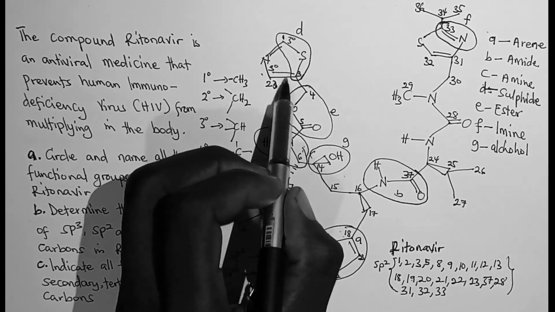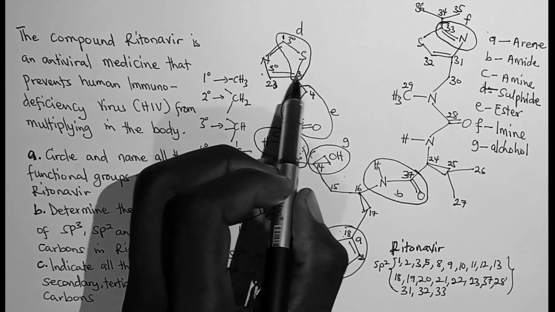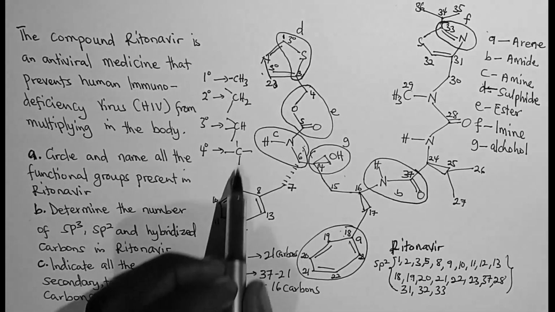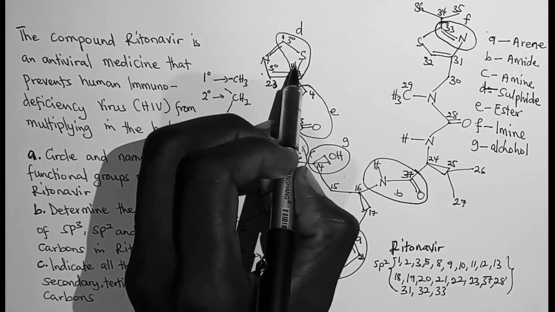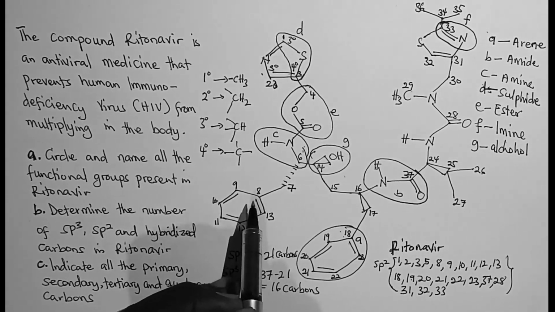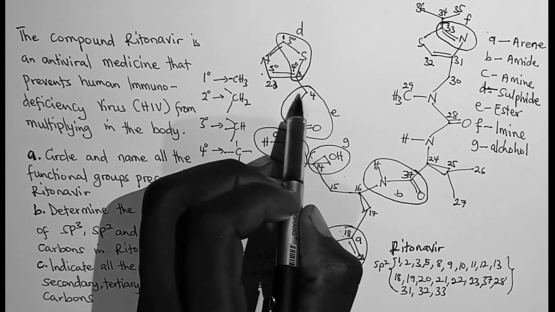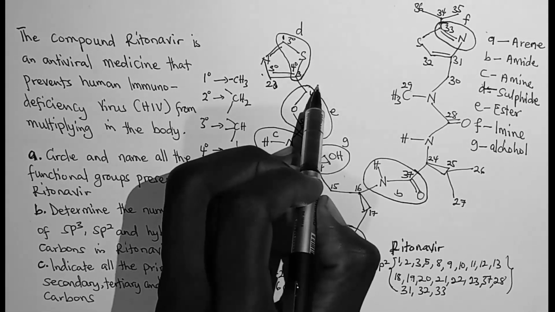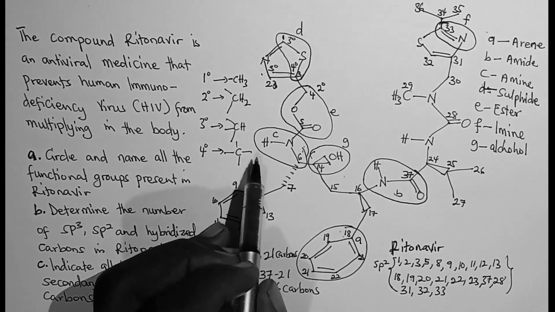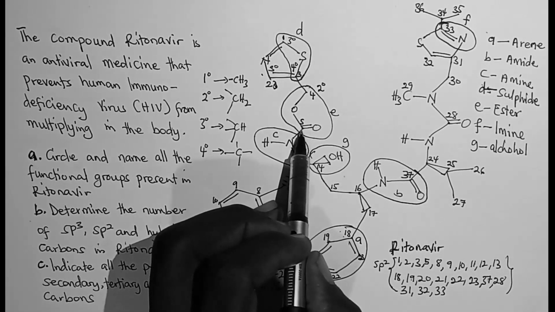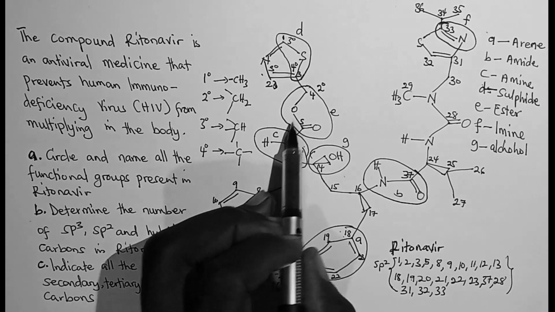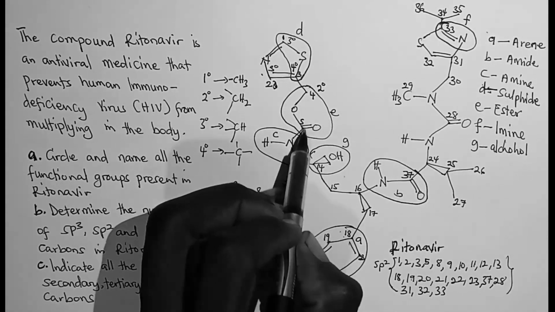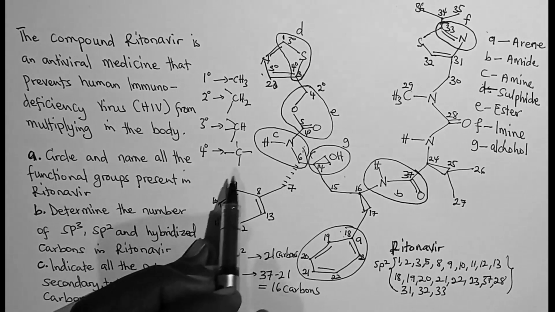Then we can see that carbon 3 does not have any proton attached to it, and therefore it comes under quaternary carbons. Then carbon 4 has 2 protons on it, so it is a secondary carbon. Then carbon 5 has got no protons attached to it, so it is a quaternary carbon.